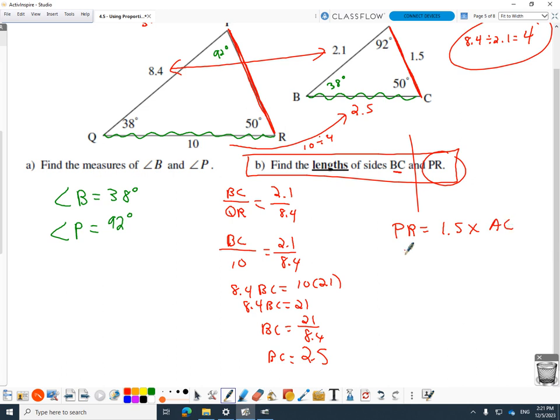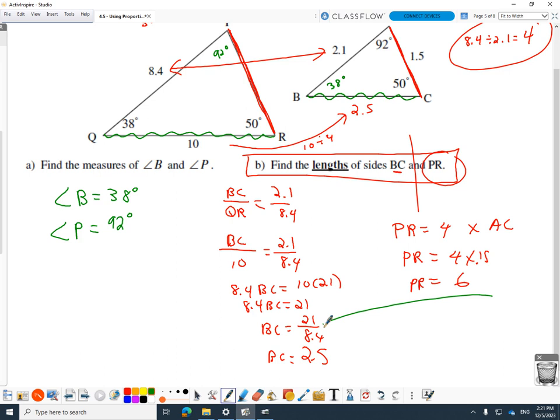No, sorry, not 1.5. I don't know why I wrote that, because that's not what he said. He said multiply it by 4, which is 4 times 1.5, and he got 6. Okay? I'll also show my way, and I'm not setting you up. This is not one of those situations like, oh, you're going to find out my way's better. No, I don't know if you're going to find that out.